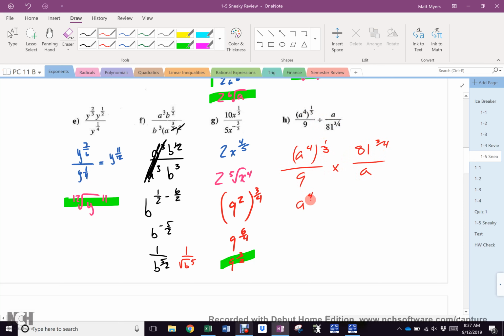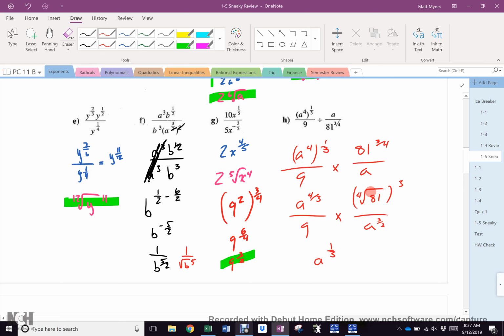A to the 4/3, 4 times 1/3 over 9, times the 4th root of 81 cubed over A. Now, once we have multiply, it's in order, yes? So I have 4/3. This is one of them, so that's 3/3. 4/3 minus 3/3 is A to the 1/3.